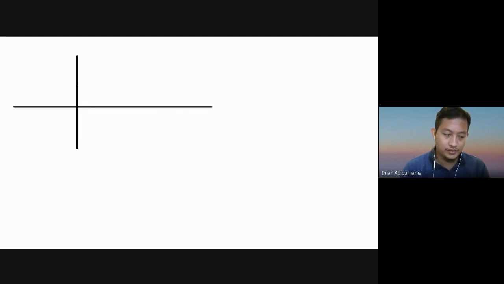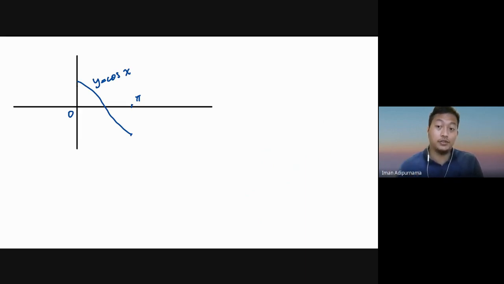So we will have maybe from 0. Okay, maybe that will be our domain here until pi. So from 0 to pi for this cosine. So this is a cosine. Okay, let's restrict the domain from 0 to pi.